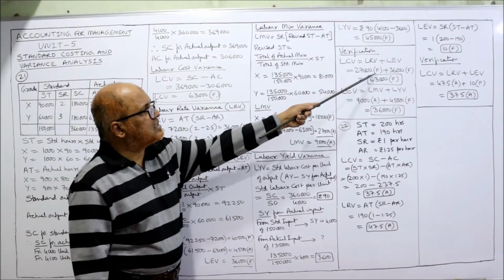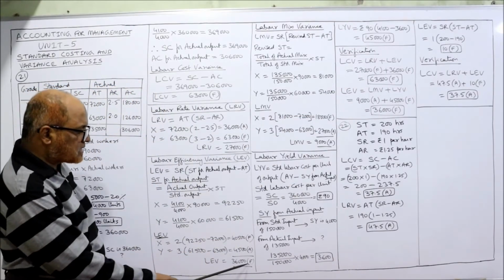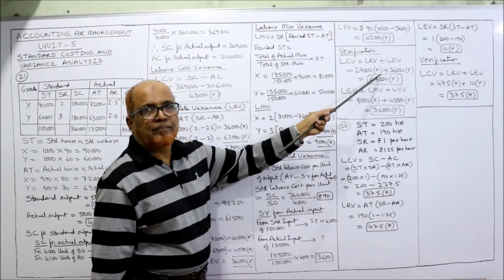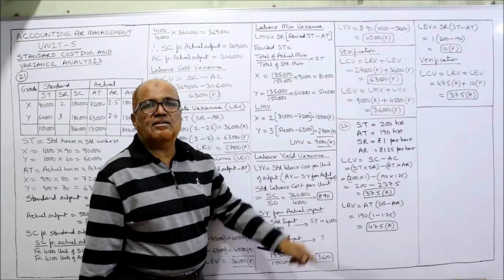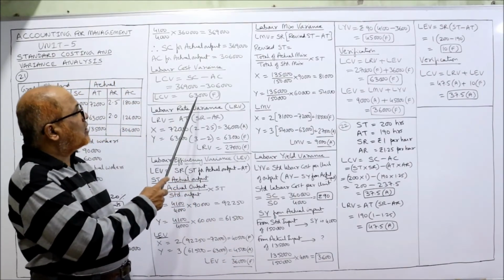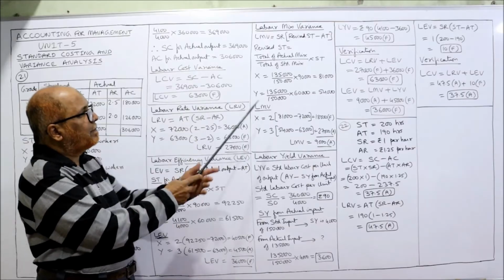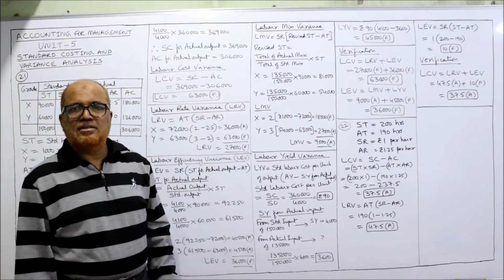LEV, labor efficiency variance, 36,000 favorable. Both are favorable. So add up 27,000 plus 36,000, 63,000 favorable. Now confirm whether we got 63,000 or not. Yes, LCV is 63,000 favorable. Confirmed. Our calculations are correct till now.